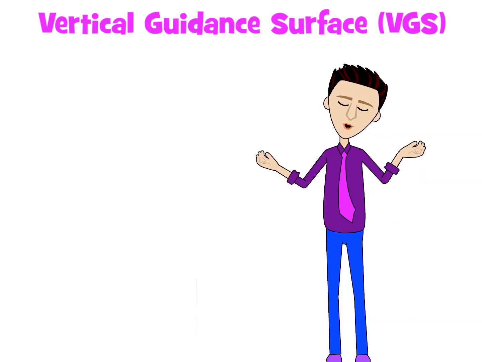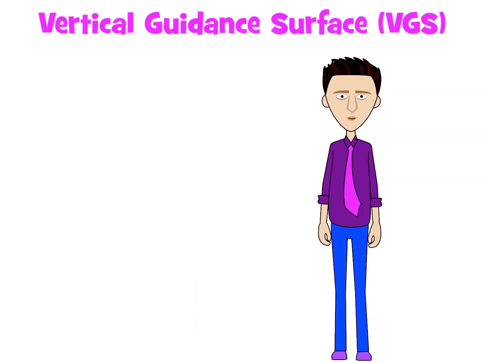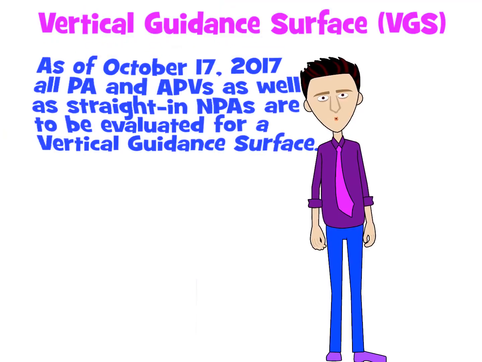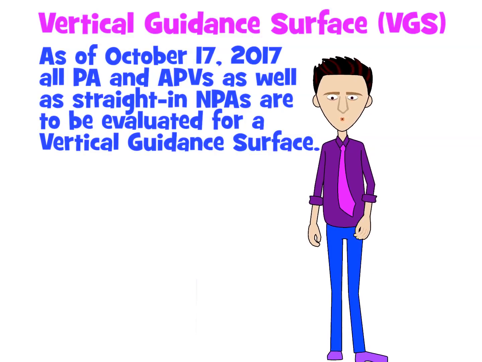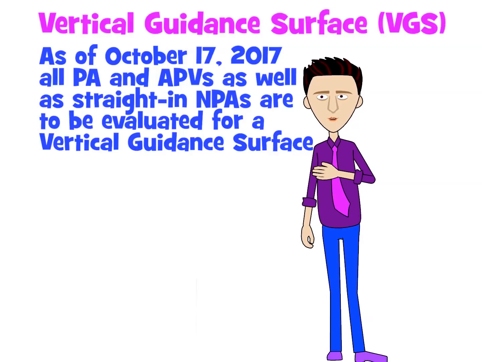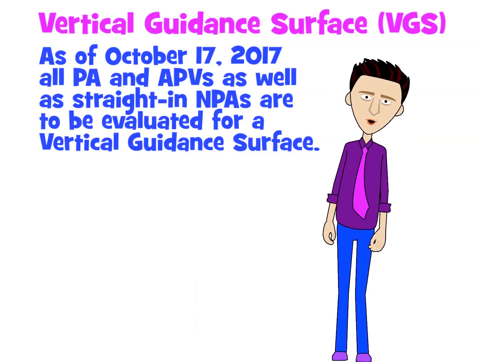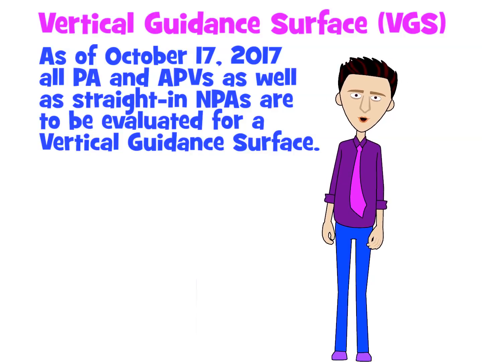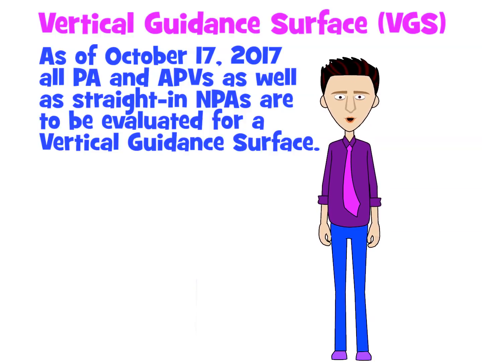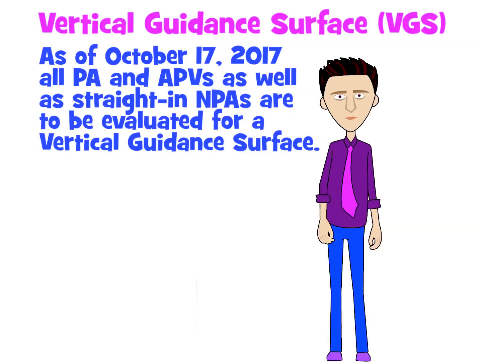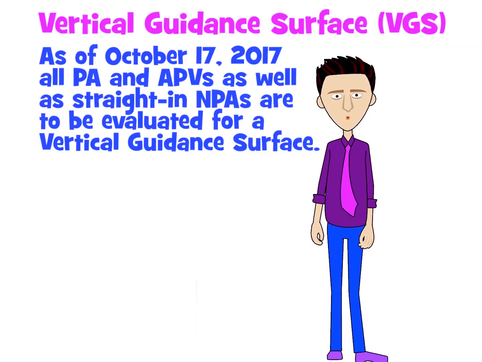It turns out that the FAA so liked the idea of the WAAS Qualification Surface that, as of October 17, 2017, it decided to apply a similar protection principle to all precision approaches, approaches with vertical guidance, and straight-in non-precision approaches. As of this date, all approaches, new and old, will eventually be evaluated so they meet VGS criteria. Now I'm talking about something known as the Vertical Guidance Surface.